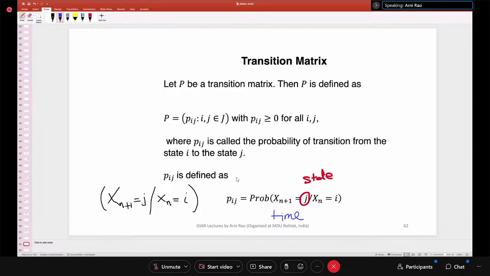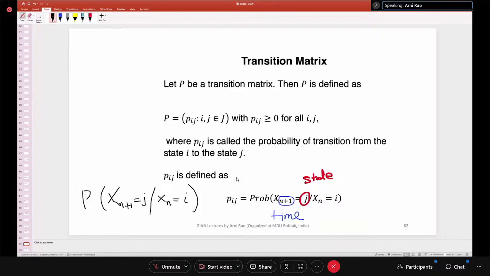ये टाइम है, this is the time and this is j value. तो इसका जो प्रॉपर्टी, ये एक इवेंट है, X_n equal to i is an event. X_{n+1} equal to j is an event. इसको एक event बोलते हैं, इसको एक दो event है. But this event, given that this event, ये event हो गया already, X_n already nth time step.